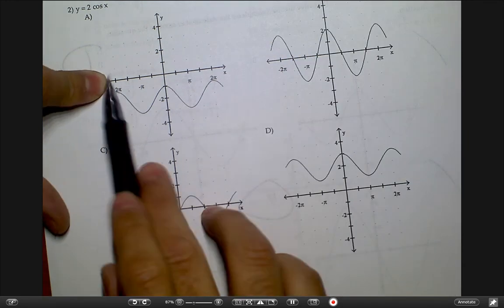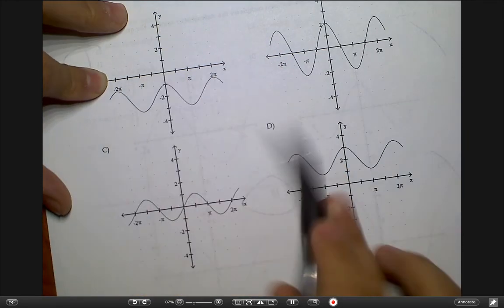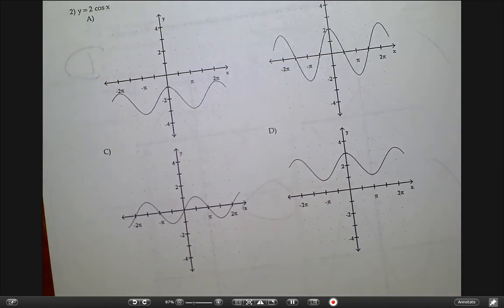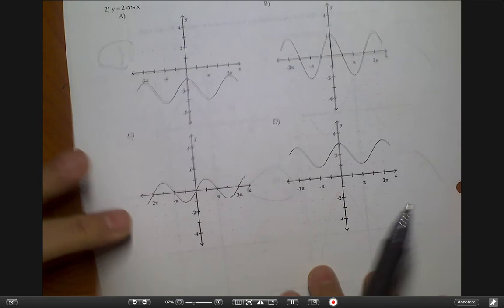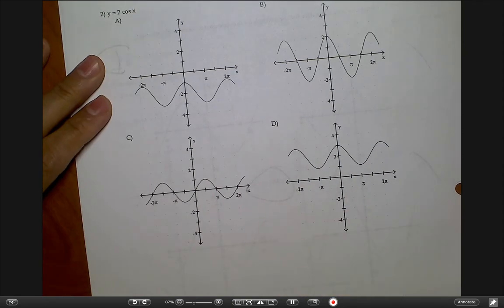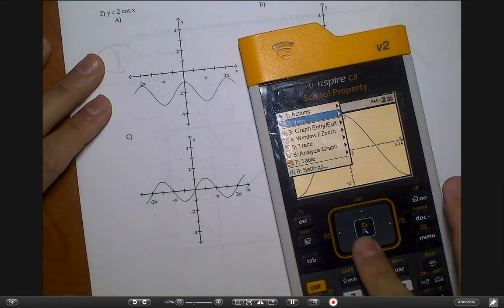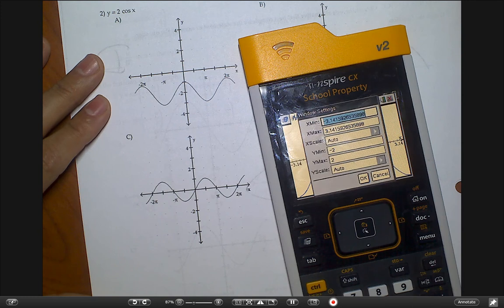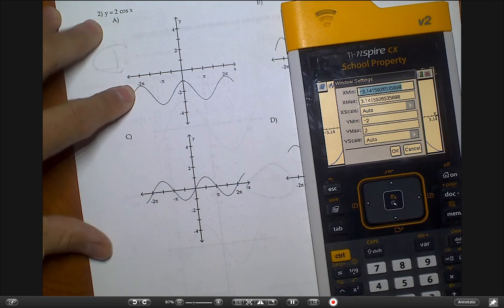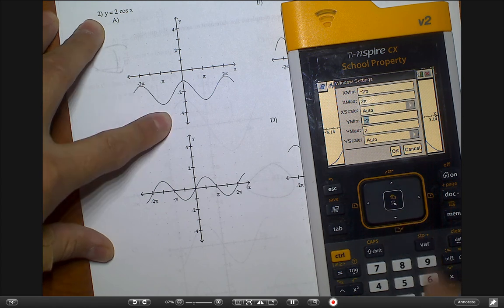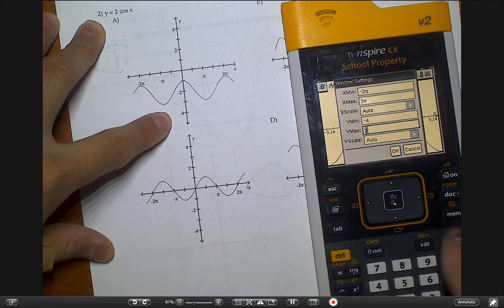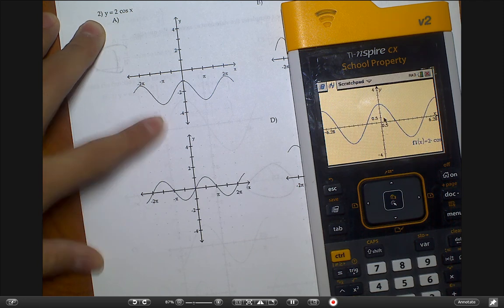I have negative 2 pi to 2 pi, 4, 4. Let me zoom out a little bit. Okay, so window. So should be negative 2 pi, positive 2 pi, and negative 4, positive 4. Change my window.